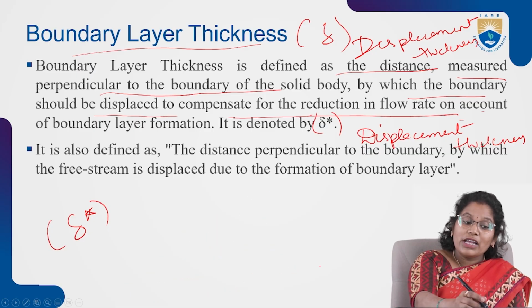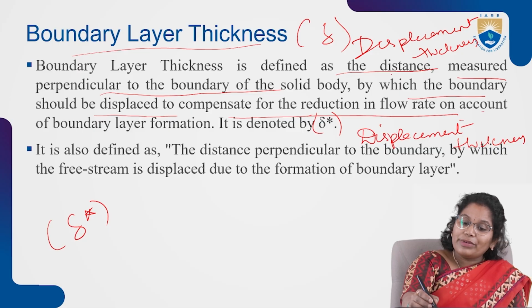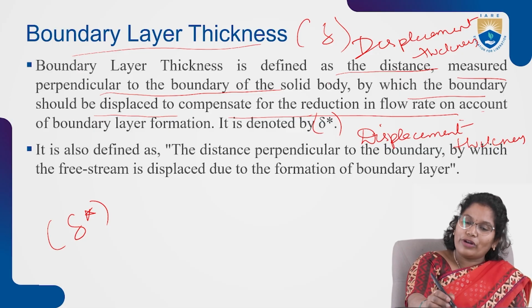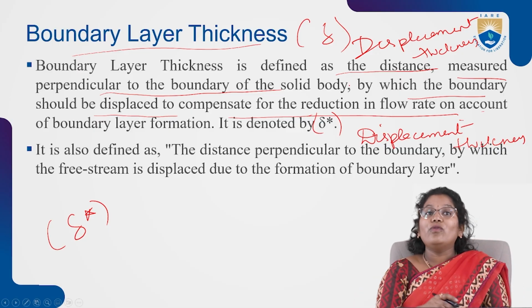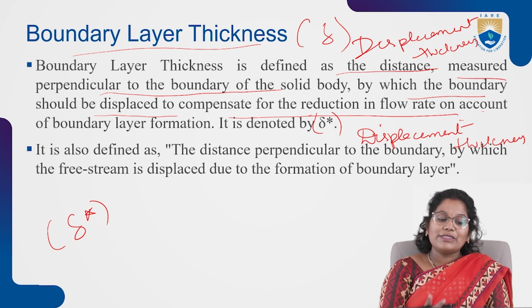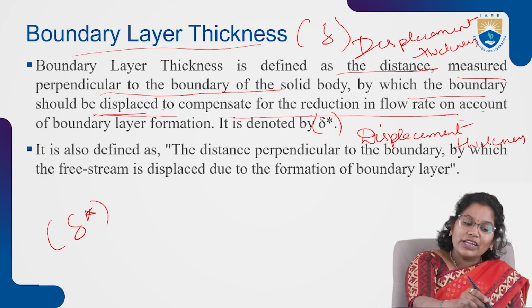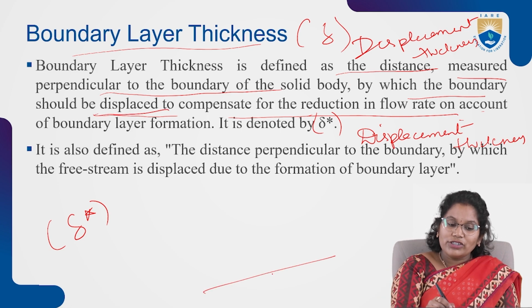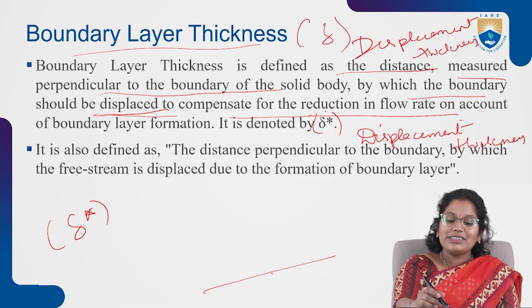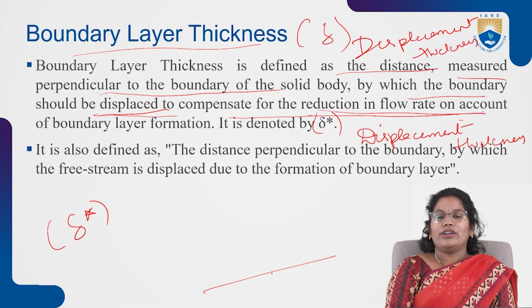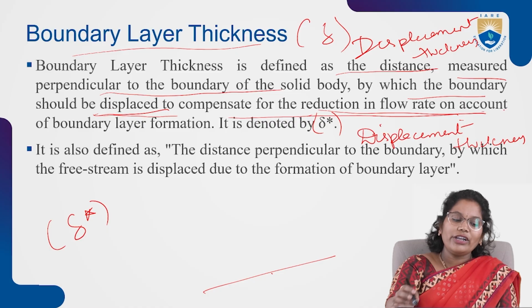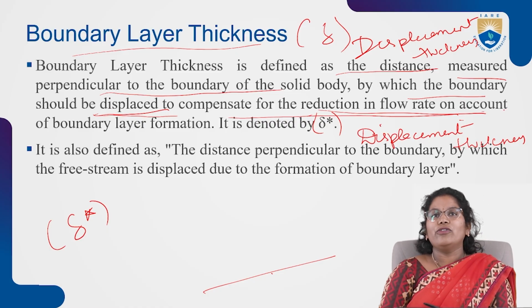Displacement thickness is the distance measured perpendicular to the boundary of the solid body, by which the boundary should be displaced to compensate for the reduction in flow rate on account of boundary layer formation.